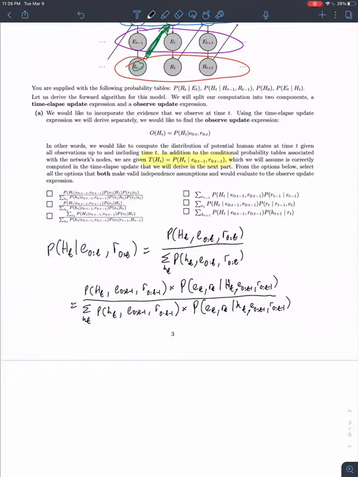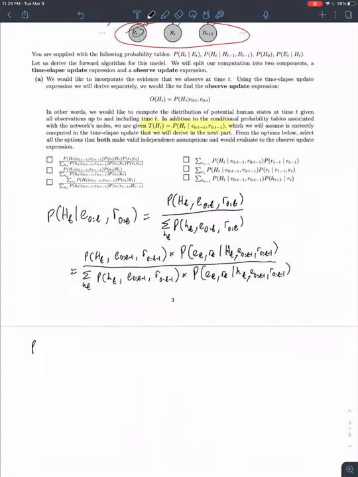Now how do we break apart these two terms? Well, what's the probability of big H t, E0 to t-1, R0 to t-1?